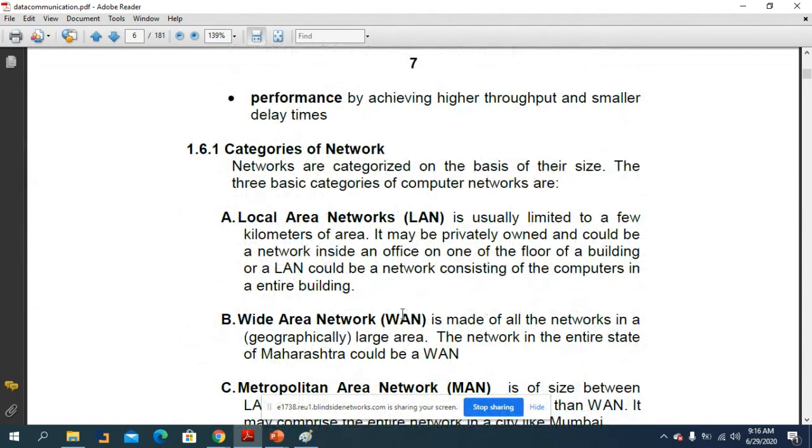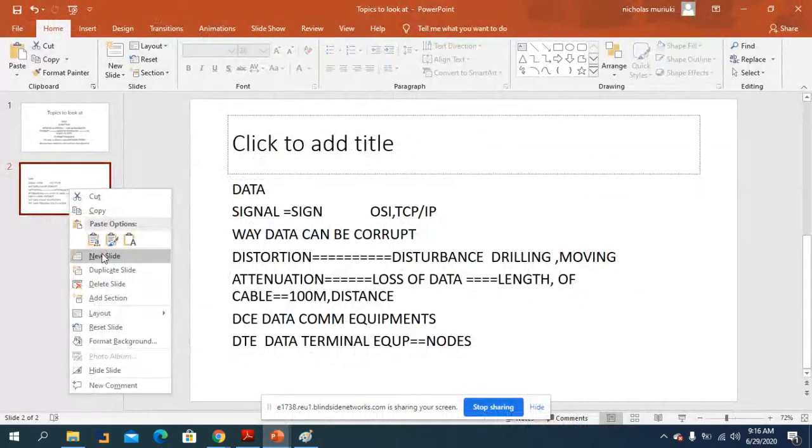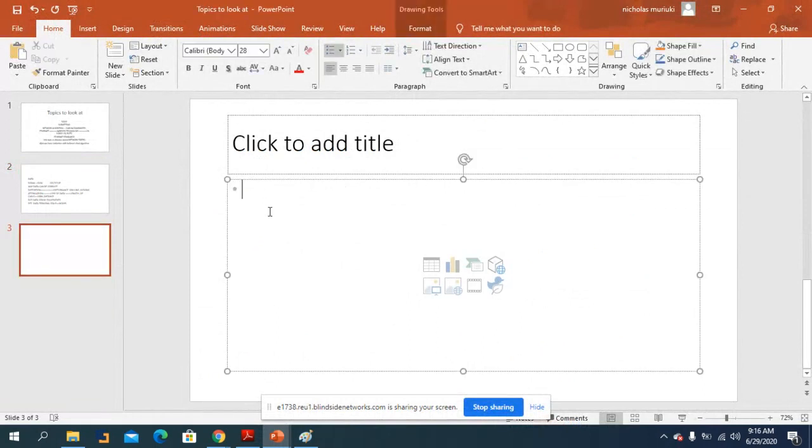Then we have categories. I don't want to call these categories; I want to broadly classify them into two. So we have classifications of networks, and we have types of networks.